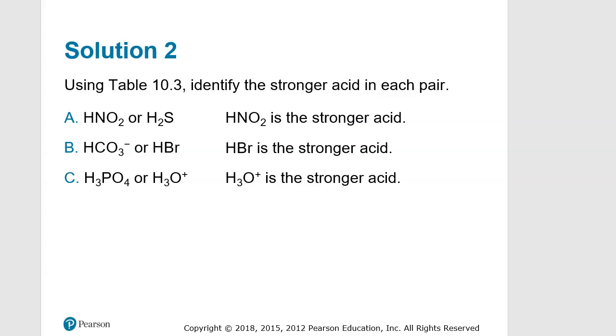So hydrogen ion transfer is the key focus of Bronsted-Lowry. Arrhenius, we mentioned, is produce hydrogen ion, produce hydroxide ion. With Bronsted-Lowry, they're talking about the transfer of protons: proton donor, proton acceptor, hydrogen ion donor, hydrogen ion acceptor.